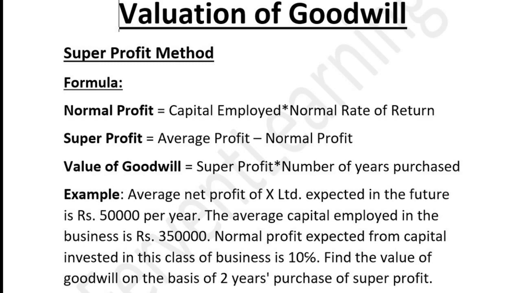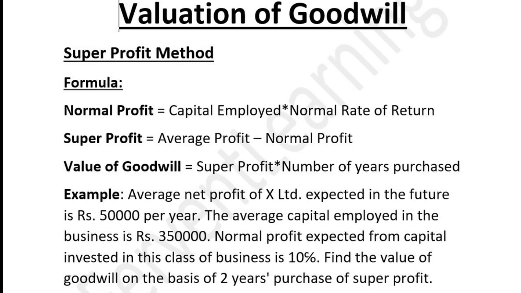Okay. So, look at the given example. Average net profit of X Limited expected in future is rupees 50,000 per year. The average capital employed in the business is rupees 3,50,000. Normal profit expected from capital invested in this class of business is 10%.